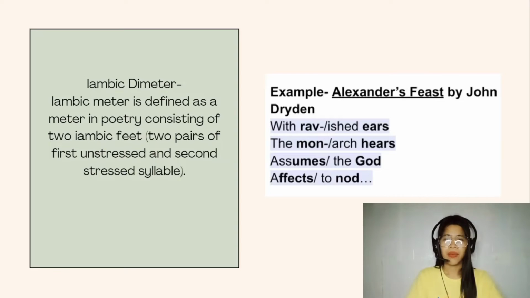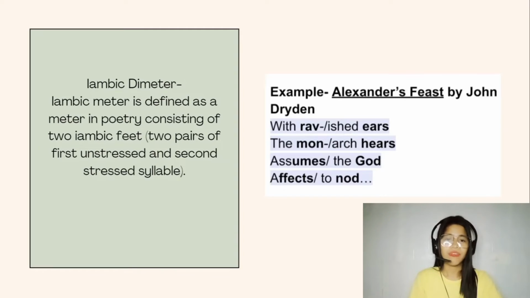Next, we have the iambic dimeter. Iambic dimeter is defined as a meter in poetry consisting of 2 iambic feet, or 2 pairs of a first unstressed and second stressed syllable. The example here is Alexander's Feast by John Dryden.